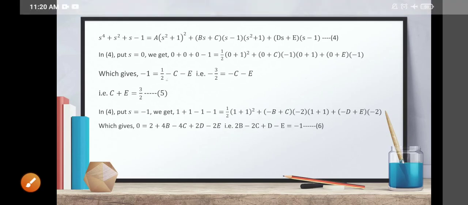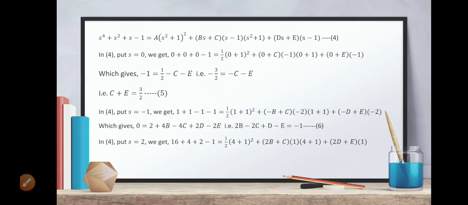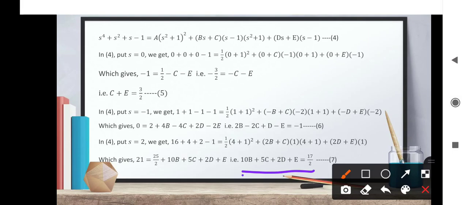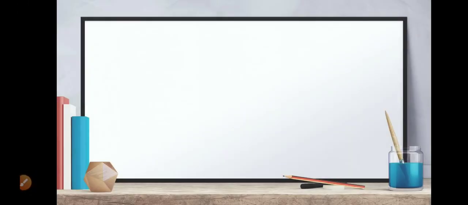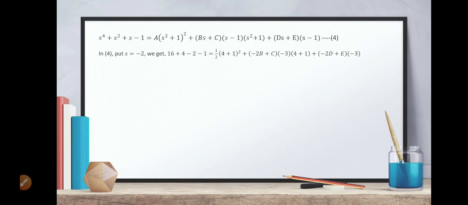With the next value of S as plus 2, we will get one more equation. This is equation number 7. Still we require one more equation containing four unknowns. So for S equal to minus 2, you will get the next equation.